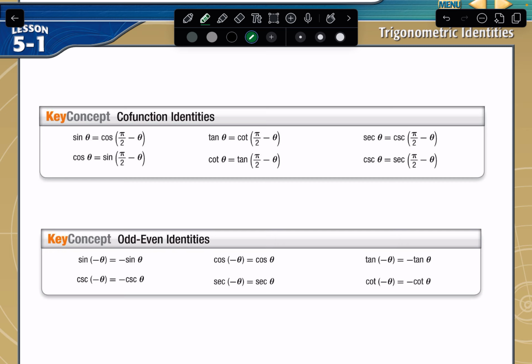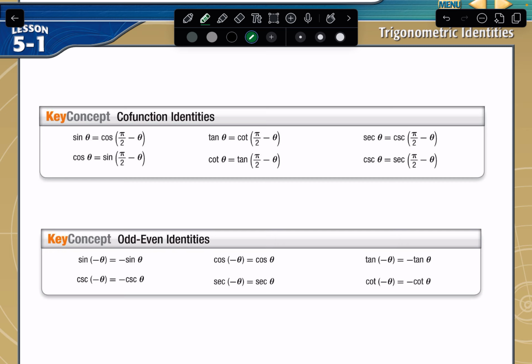Co-function identities will be obvious when you're using them if there's a pi involved, for certain things like that. And then odd-even identities are really only going to come up if you have a negative angle measure, or negative theta in this case.